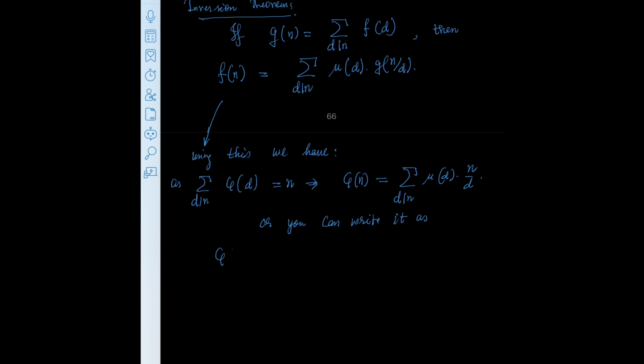You can also write it as phi of n equals the sum over d dividing n of d times mu of n by d, because d divides n, so you can replace d by n by d.